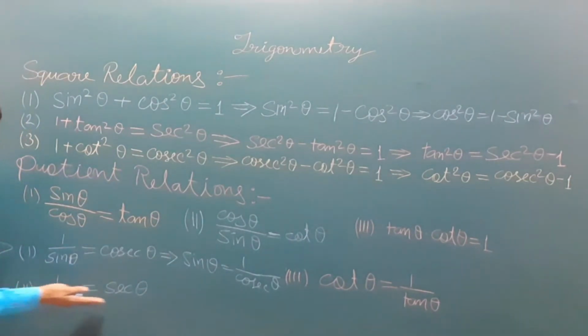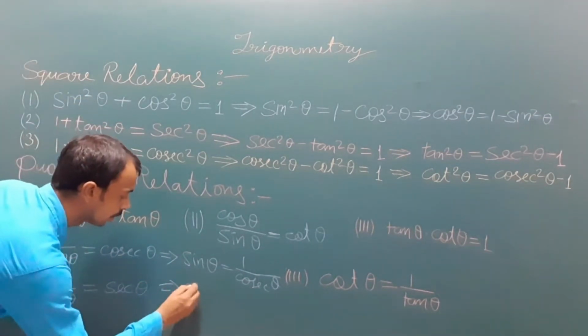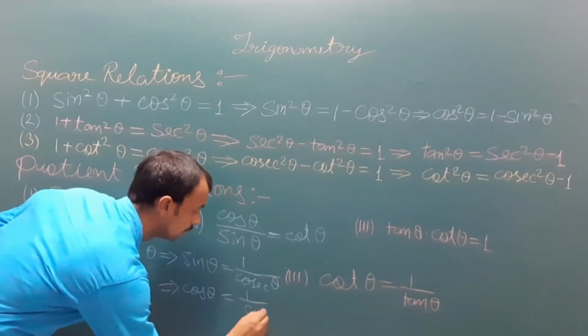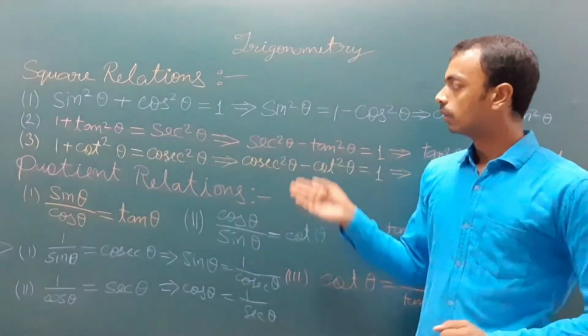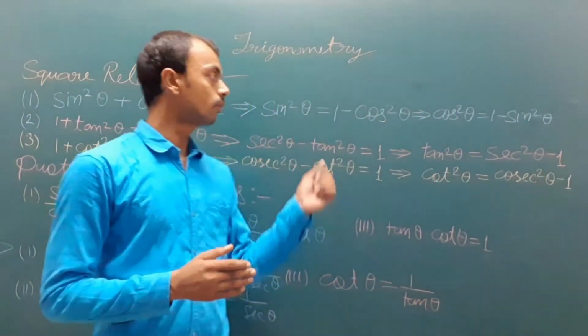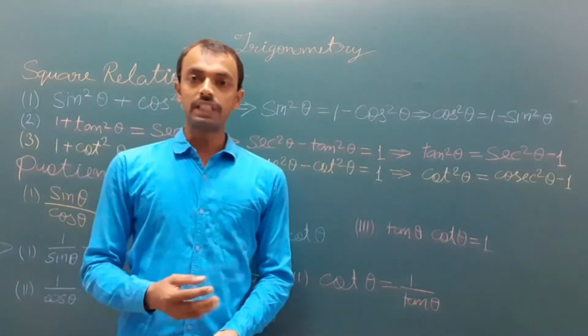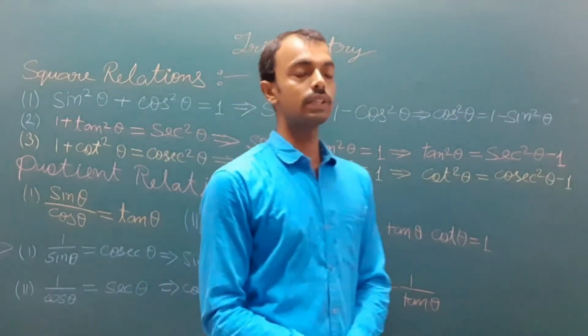Again, sec theta is equal to 1 upon cos theta, so cos theta is also equal to 1 upon sec theta. I want you to understand that from one relation we can derive many relations of trigonometric ratios. So these are a few trigonometric relations between their ratios.